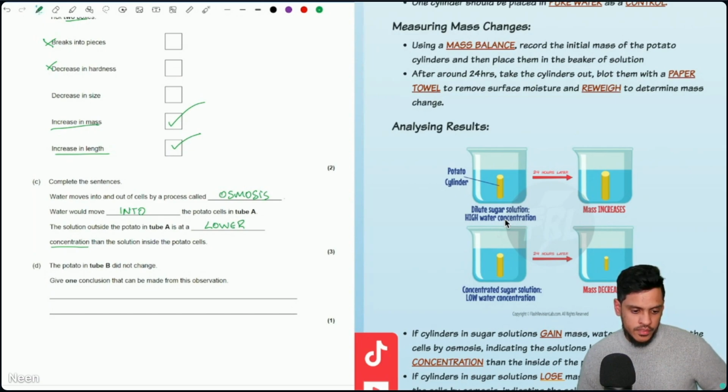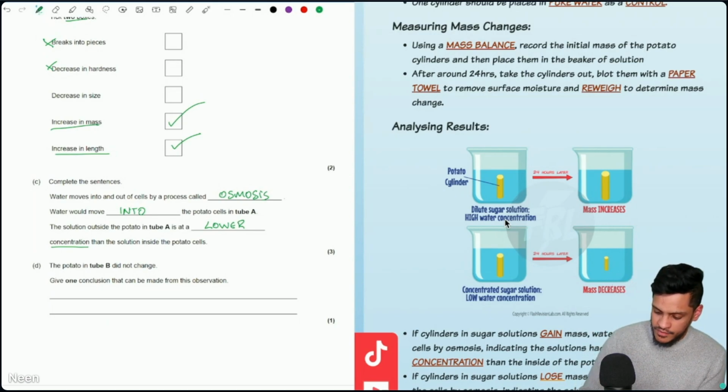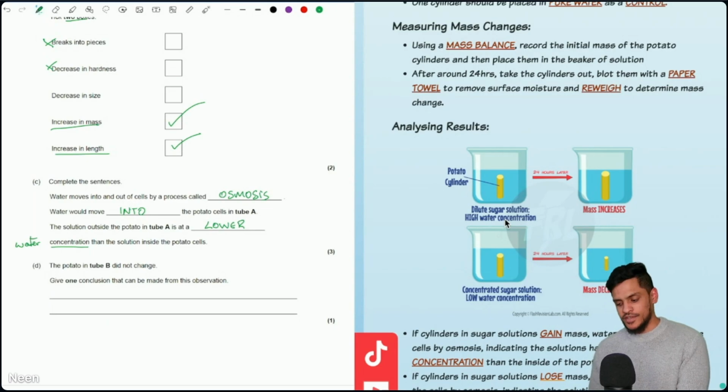How do you know in the question that they're not referring to water concentration? Because, that's a good question actually, because they haven't said it. If they say water concentration, then you'd have to say a higher water concentration, but they just said concentration. A high water concentration means a low concentration because it's dilute.